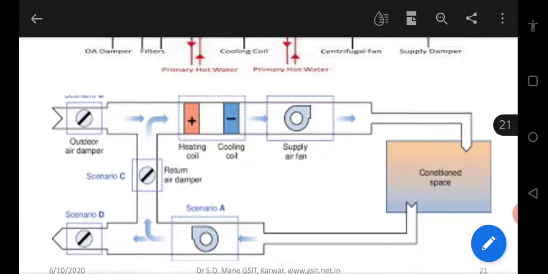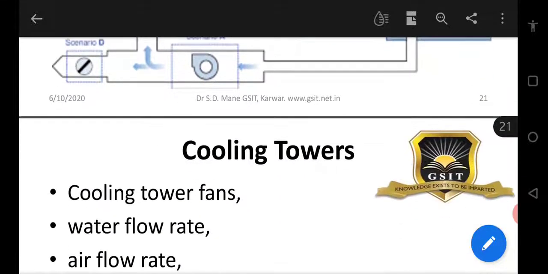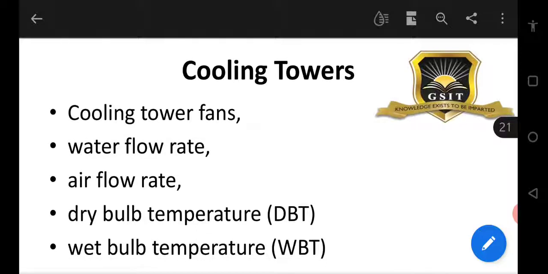In the bottom diagram you can see the red heating coil, the blue cooling coil, and the supply air fan, which sucks the air, and the conditioned air is again recirculated. Some amount is dumped out, but the majority comes back to the conditioned space after cooling, and we take some amount of outside air. You can see the air entering at the top side, and at the bottom side the air is being exhausted, some 20% or so.